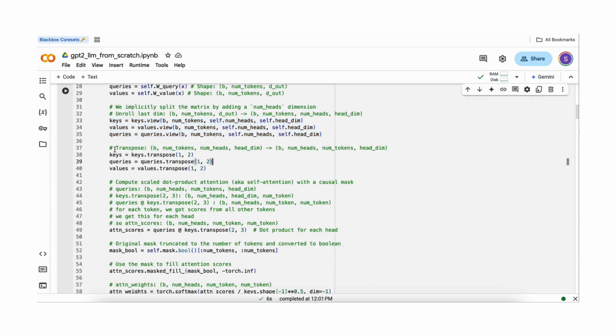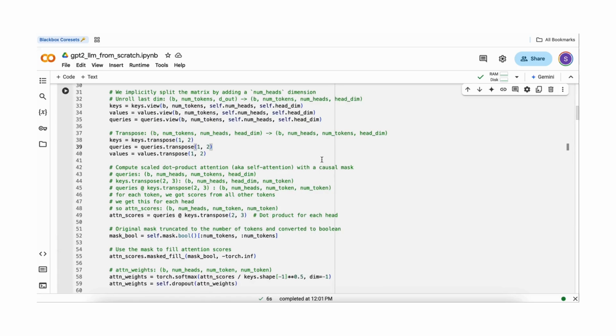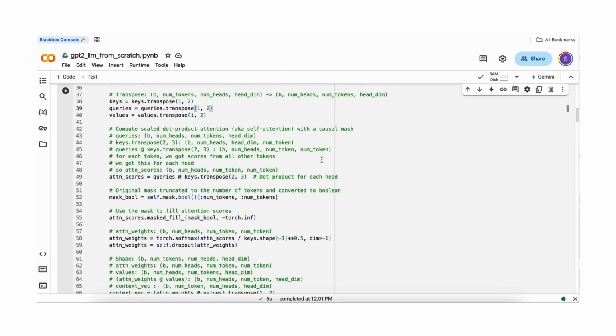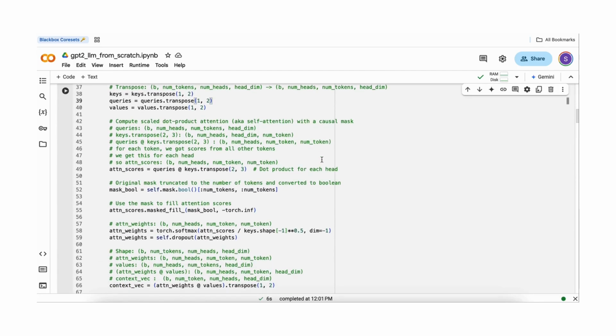And then we transpose the first and the second. Here we had B, batch, number of tokens, num heads, and head dim. Then we transpose indexes 1 and 2, so we get num heads here and num tokens here. And we do that to all of them: keys, queries, values. Now we get to calculate the self attention.